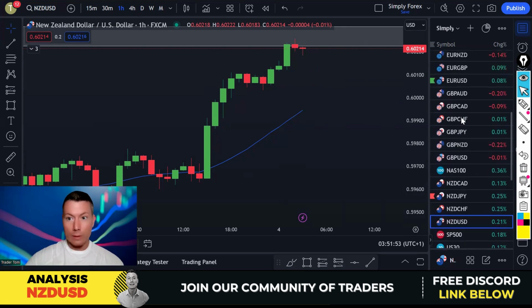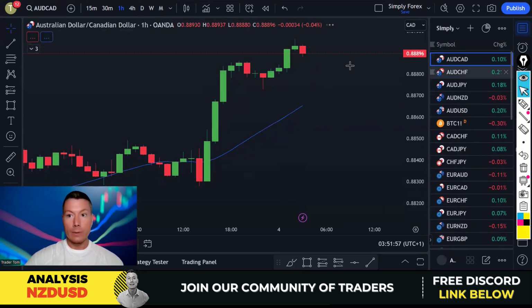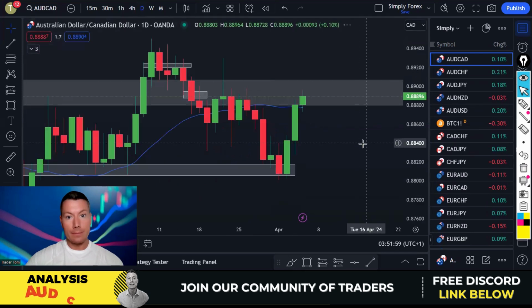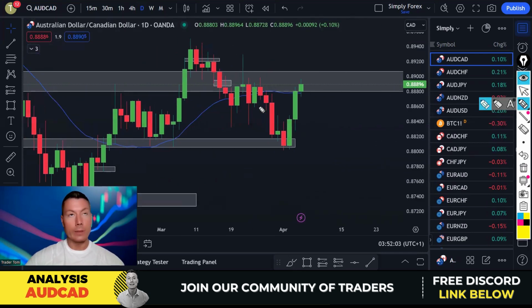And this also is the same scenario for a couple of Canadian dollar pairs. So if we look at Aussie dollar, Canadian dollar, and we go to the day chart, again, we saw Canadian dollar weakness. Look at this. That is Canadian dollar weakness. But it just took it to a really nice level for selling, right?